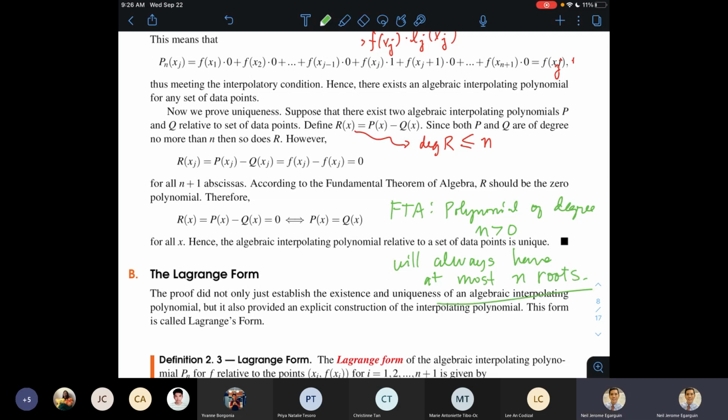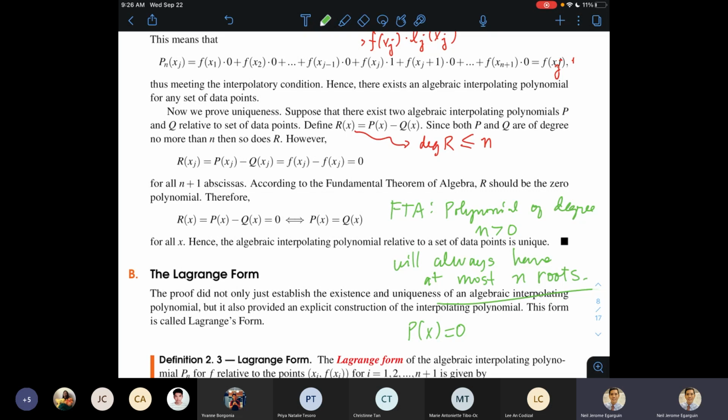Okay? So kapag meron kang polynomial of degree n greater than 0, sabi ng fundamental theorem of algebra, lagi ka lang magkakaroon ng at most n roots. Ibig sabihin, p of x will be equal to 0 for at most n values of x.